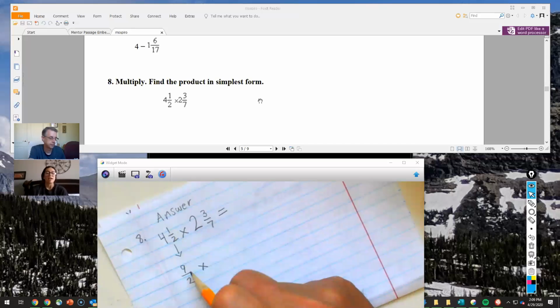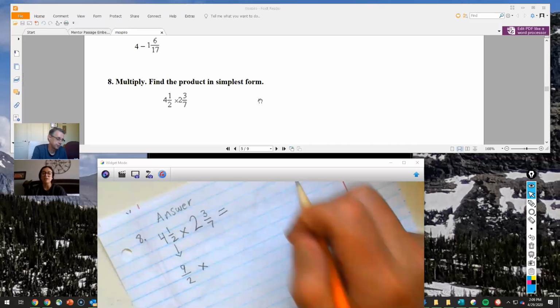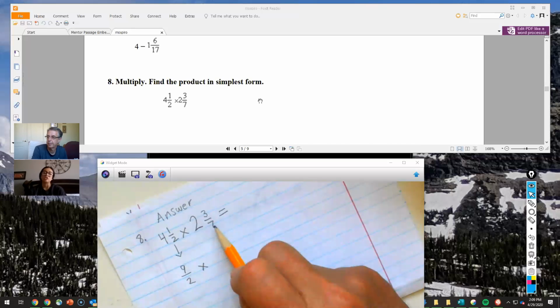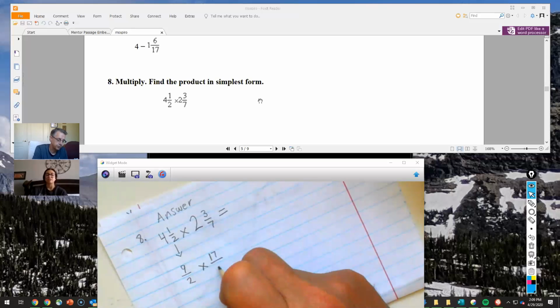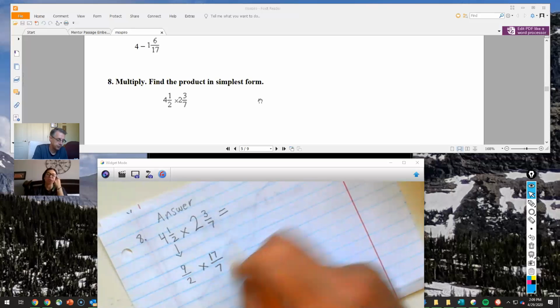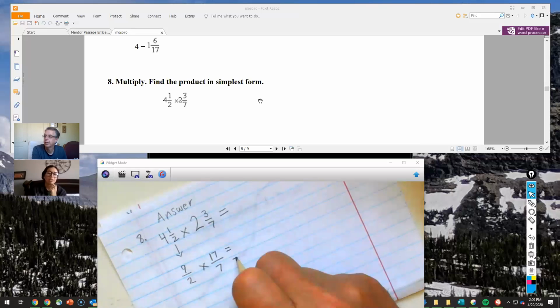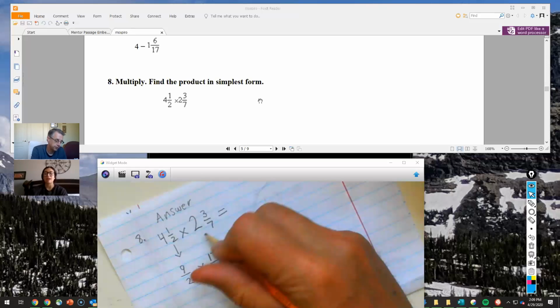And then our 2 3/7: 7 times 2 gives you 14, add your numerator of 3, which gives you 17, and our denominator stays the same, so we carry down our 7.